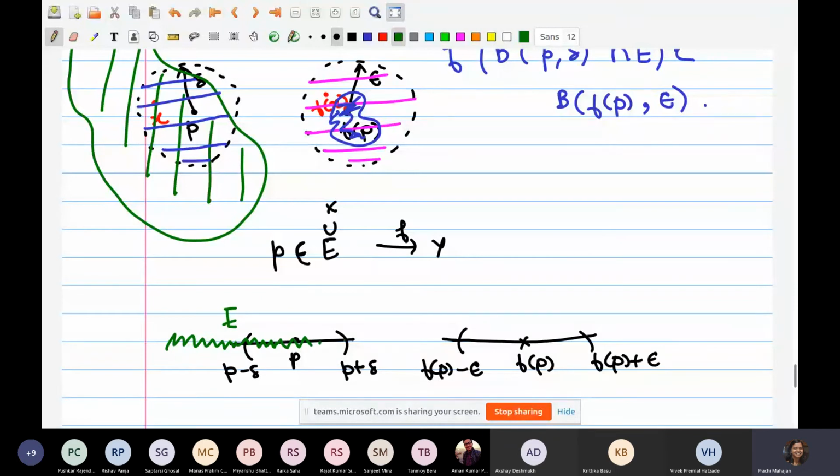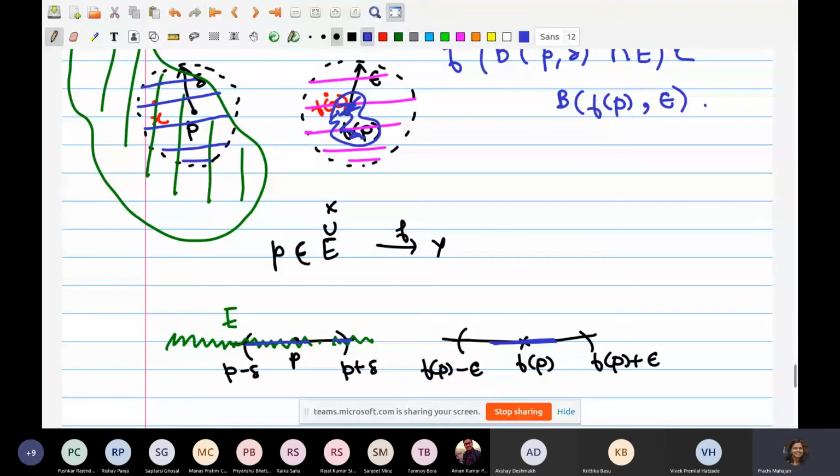E has to contain the point P. All the points of the set E intersected with this interval around the point P are mapped via f into this epsilon neighborhood around the point f of P. So all the points from here to here and here to here are mapped somewhere here. And if that happens for every choice of positive epsilon, we say that f is continuous at the point P.